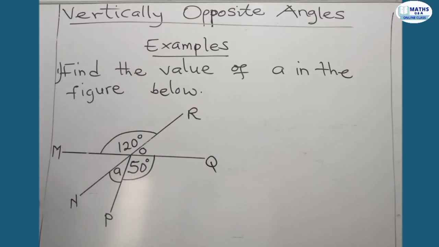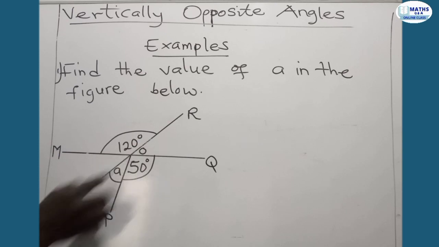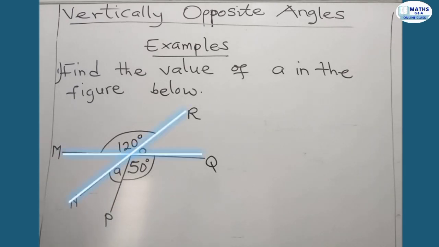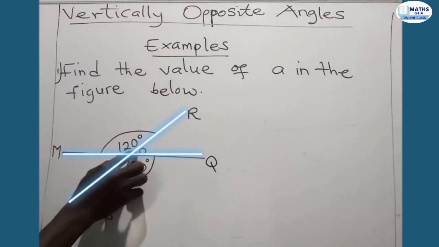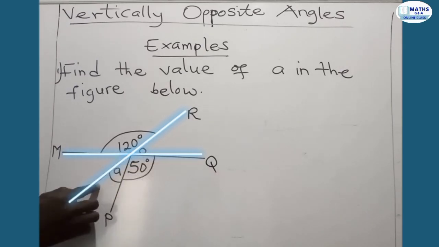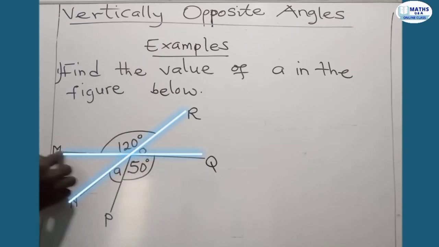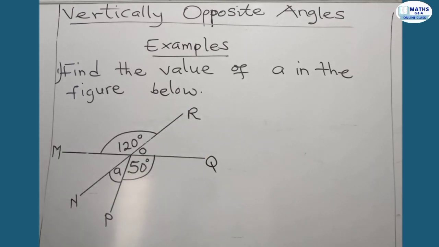We also have angle MON, which is another angle, right? We also have angle NOQ, this side, okay? They are all one angle, which put together, they are directly opposite angle MOR. In that case, you state that vertically opposite angles are equal.